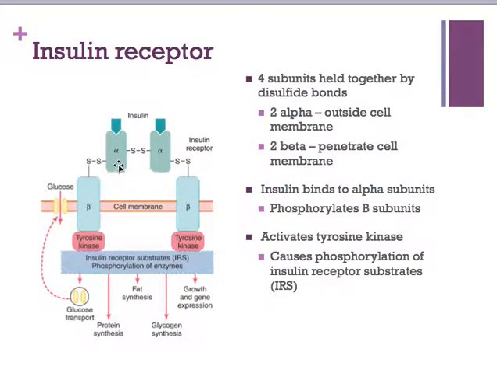So insulin binds the alpha subunit, the beta subunit interacts with this tyrosine kinase system so that we have the phosphorylation of these substrates, so that we have fat synthesis. Fat is a great place to store glucose. We also have protein synthesis and glycogen synthesis, so that we can store glucose in the liver. Protein synthesis, you might guess, is in the muscle. Then we also have growth and gene expression associated with growth factors, IGFs, insulin-like growth factors, when there is binding of insulin to its receptor.